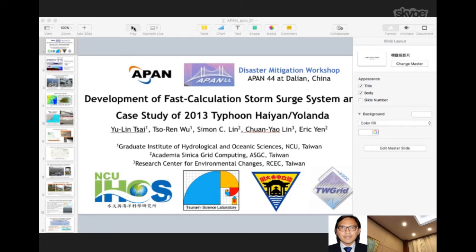Here are the coastal regions. I borrowed some pictures from Wikipedia showing the tidal effect with the storm surge. Imagine that you bought a very expensive house and live there with your family, and suddenly a typhoon is coming. When the storm surge adds to the normal tide, the total water elevation will be higher than the normal tide.